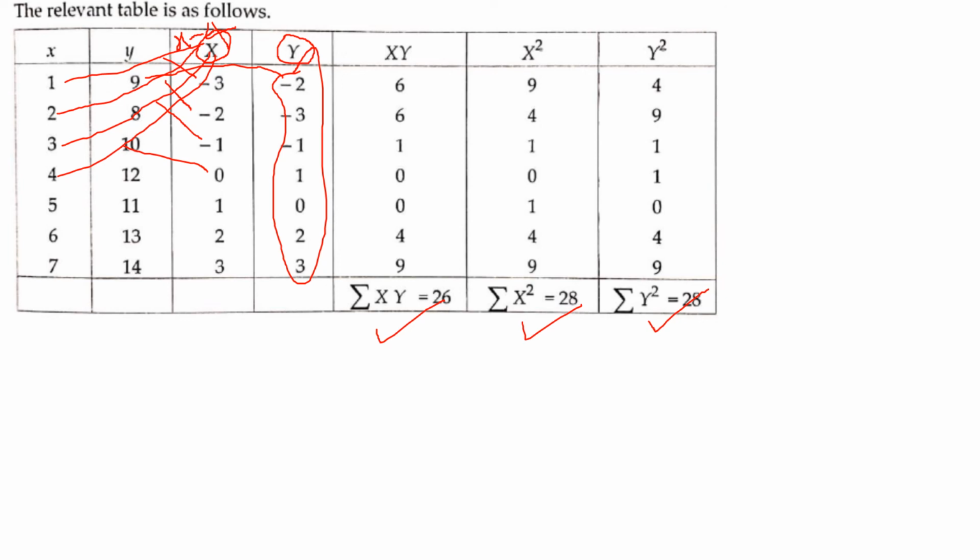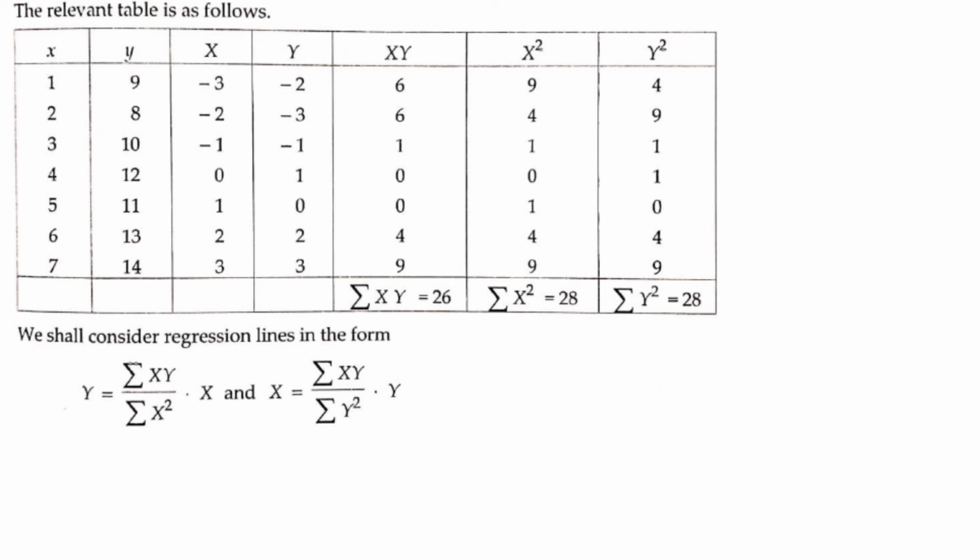Now let us use all these values in the formula. Let us substitute here. In the place of summation x into y, we put 26, and in the place of summation x square, we put 28 here.